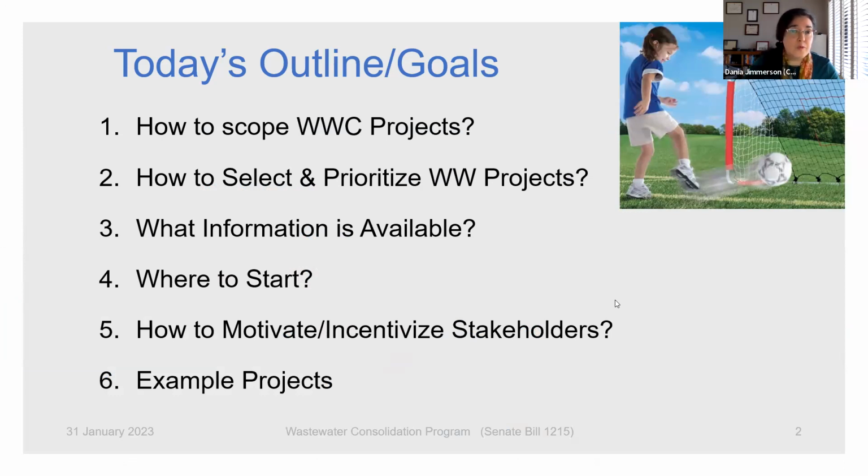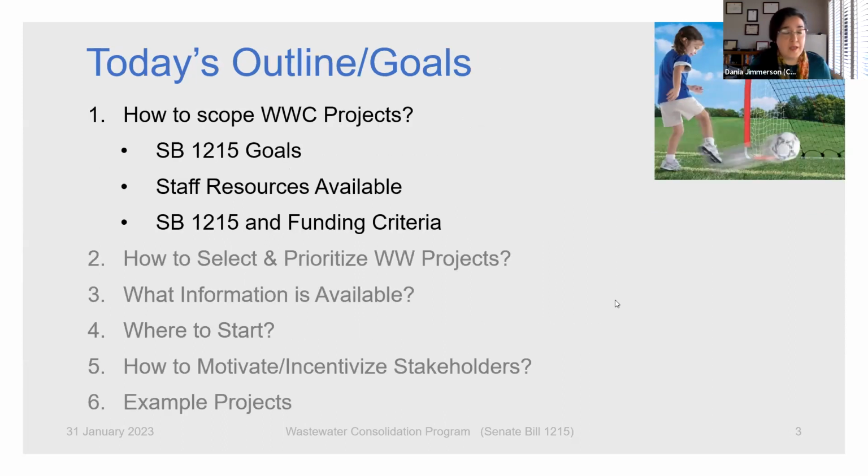How to select and prioritize wastewater projects, what information is available, where to start, and, as I described in the previous slide, how to motivate and incentivize a stakeholder, especially the potential sewer service providers. And I will go through a couple of example projects.